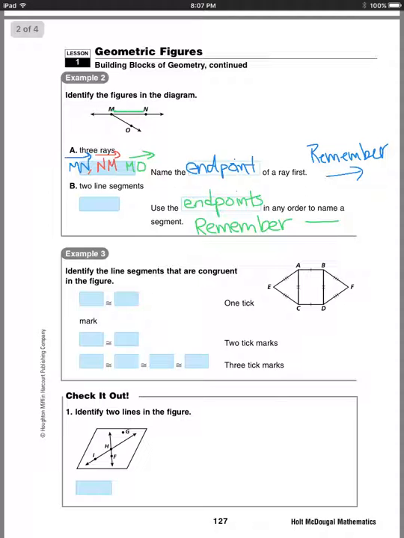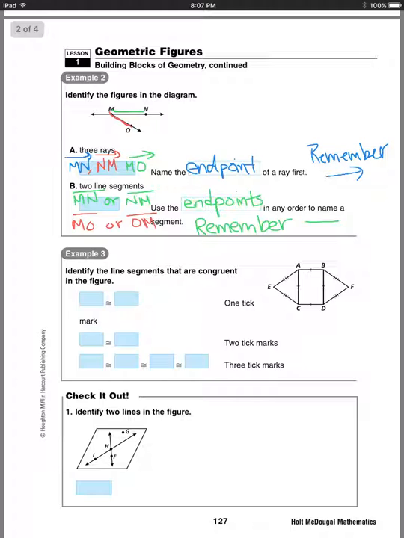We have a starting and stopping point. And we have one line segment here because we have a starting and stopping point. So our green is MN or NM. Those are the same line segment. It's not two separate answers. And then the red, we can either write MO or OM.